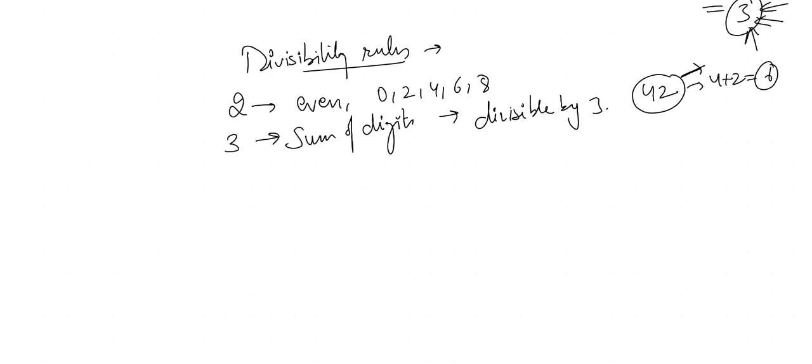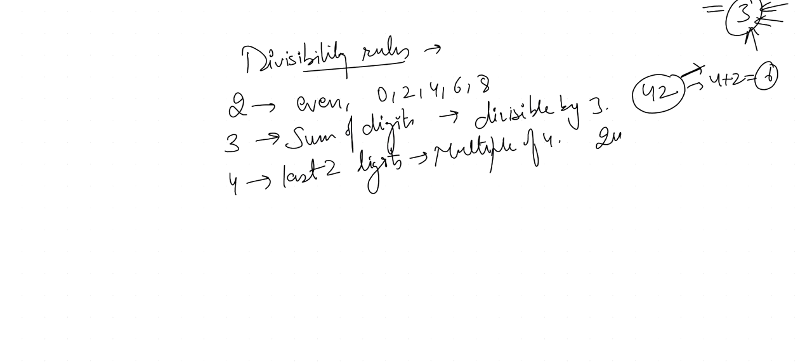For 4, the last two digits must be a multiple of 4. For example, 24 is a multiple of 4. Any number that ends with 24, like 324, will be a multiple of 4, this entire thing.